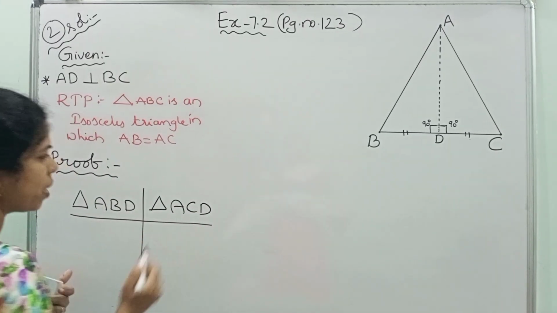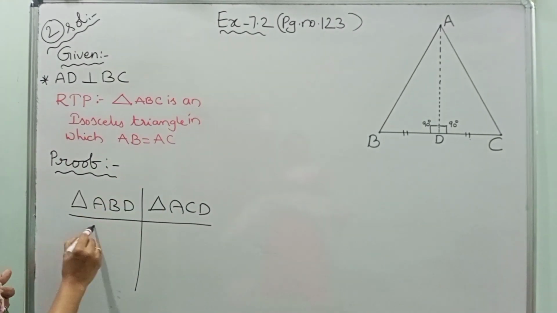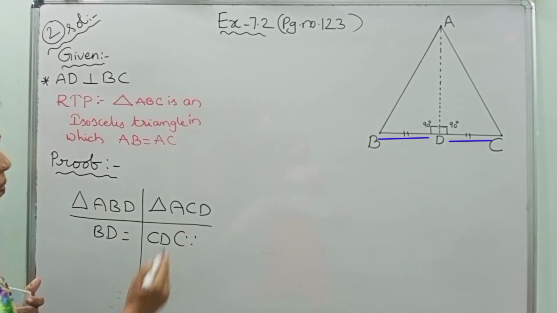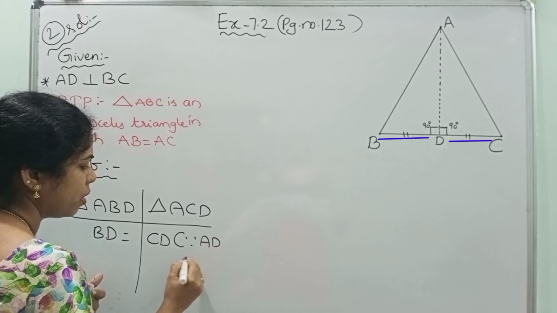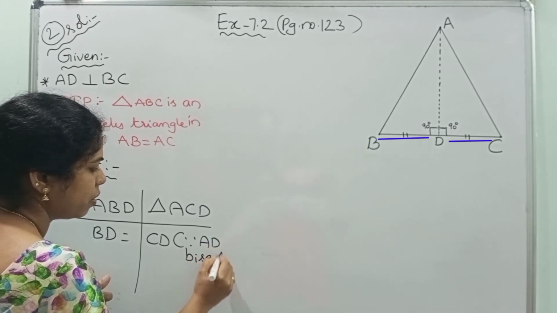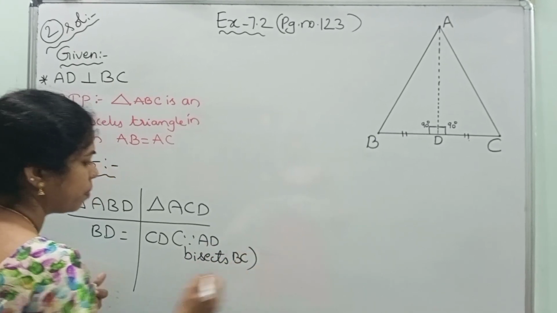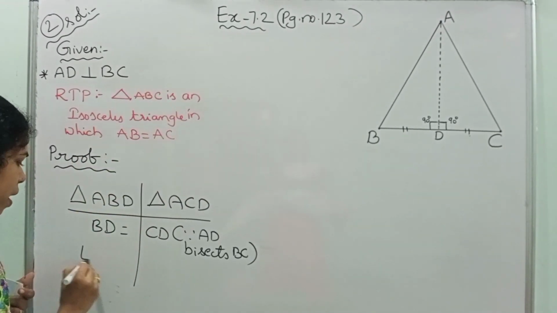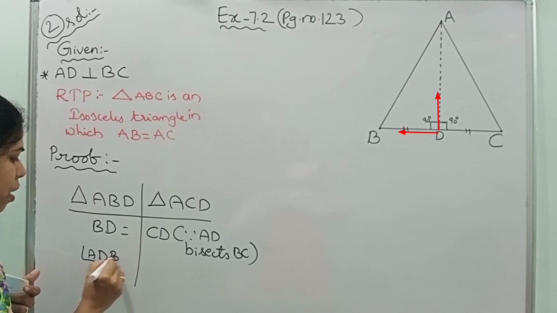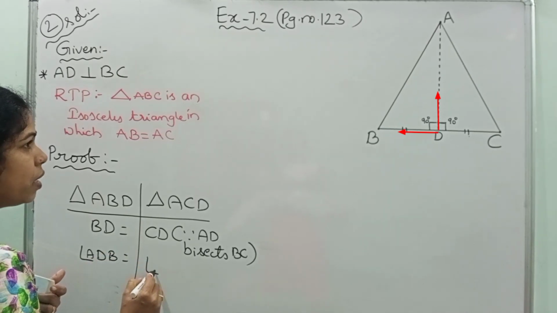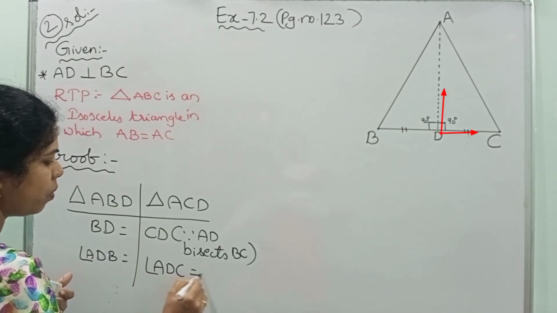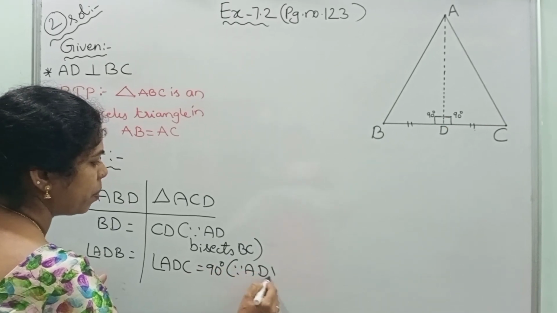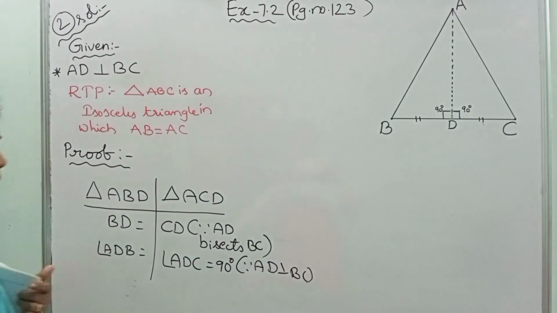Find out the equal parts. BD is equal to CD, since AD bisects BC. And also angle ADB is equal to angle ADC equal to 90 degrees since AD is perpendicular to BC.